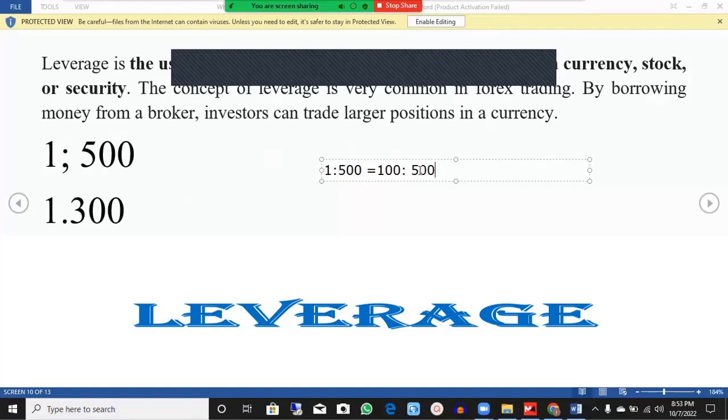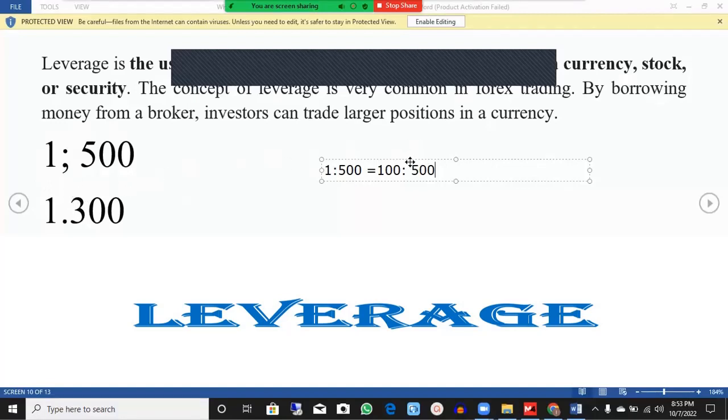That's how much you want to borrow. Whatever you have in front is how much you want them to times the amount you funded. So 1:500 simply means you want them to times whatever you fund by 500. 1:300 means you want to times how much you have funded by 300. 1:20, you want to times how much you have funded by 20.